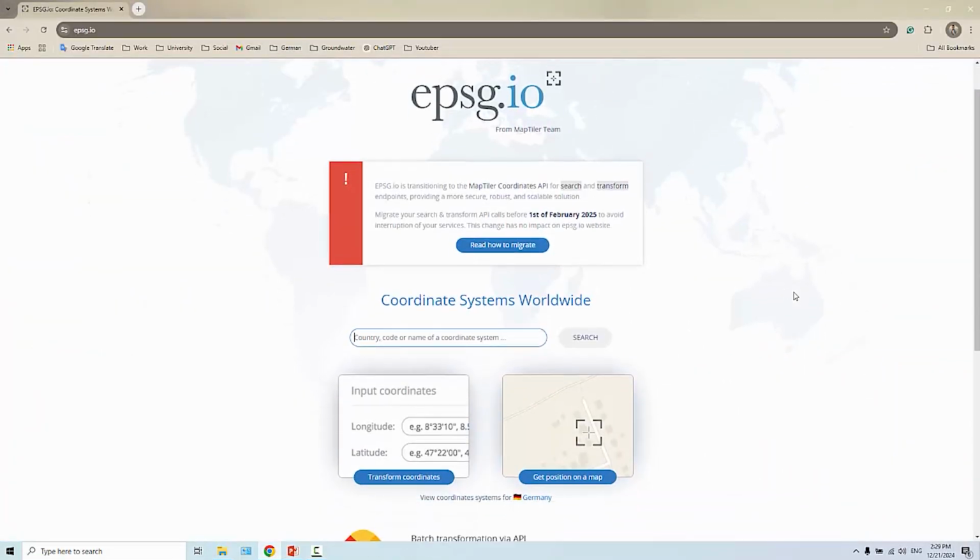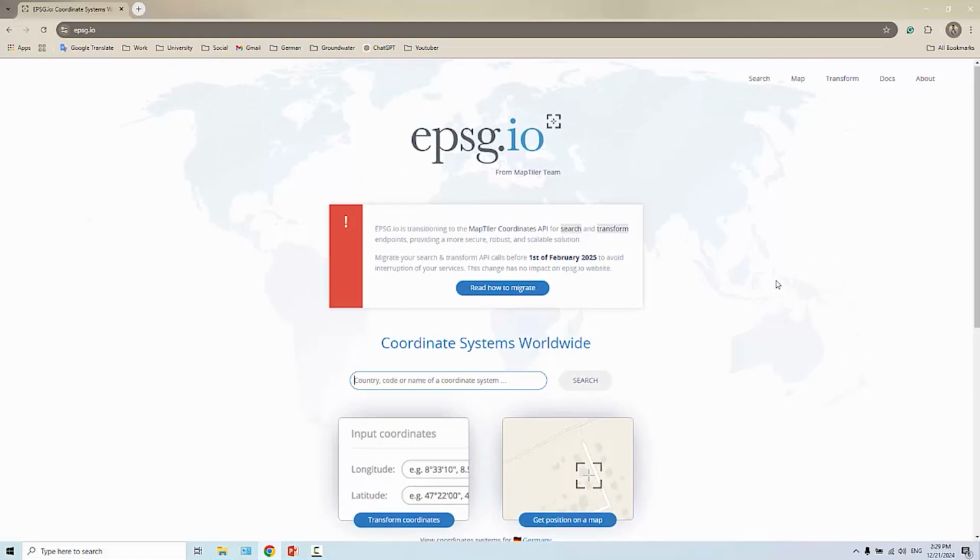So I want to show you how we can get familiar with those coordinate systems. You can browse and even convert between different coordinate systems on this website.